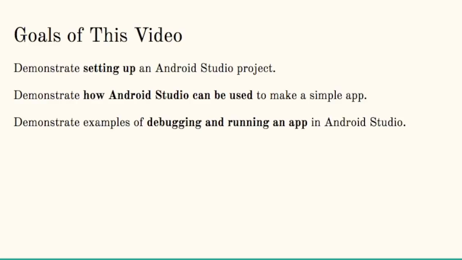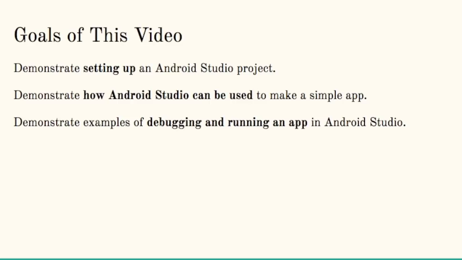In this particular video, I'm going to focus on three things. First, we're going to show how to set up an Android Studio project and get started. Secondly, I'm going to go out of my way to explicitly show you how and where things are organized in Android Studio, where to write your code, where to design how your app is going to look, where your resources go, that kind of thing.